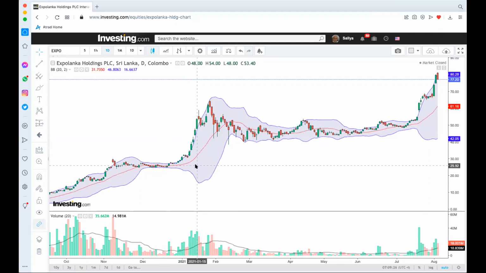You can say that it's an indication of when the prices are moving up. It's an indication of an overbought situation. But for that to happen, we have to look at other momentum indicators. But the reason as to why we use the Bollinger Bands primarily is to understand the squeeze and the expansion.